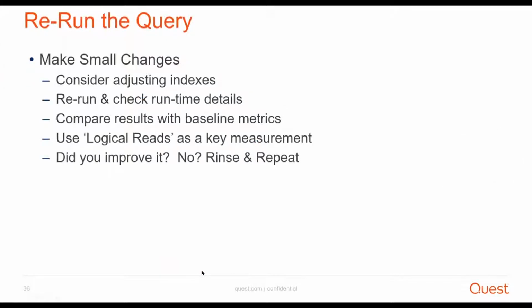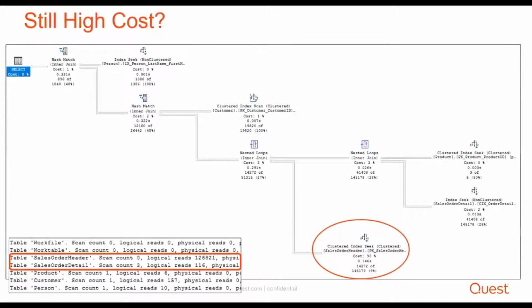Now, the next thing that I always ask myself when I'm done tuning is, consider adjusting the indexes, rerun and check runtime details, compare the results with the baseline metrics, and then look at logical reads. And if you did improve it, then rinse and repeat. I still didn't like this high cost on sales order header, and the amount of logical reads were awful.